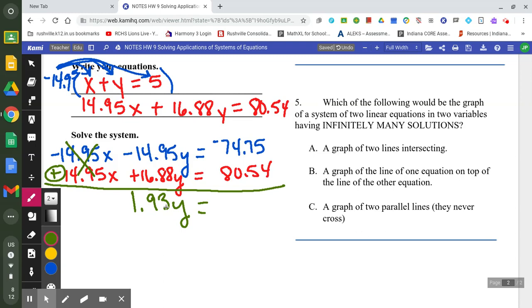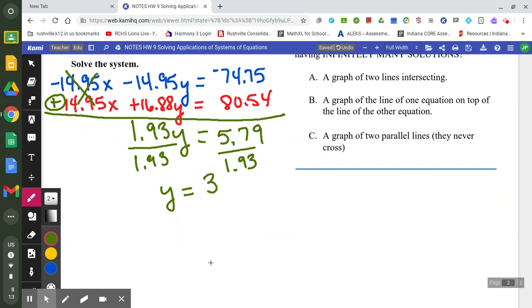Then the negative 74.75 plus $80.54 gives us $5.79. Divide each of those by $1.93. So $5.79 divided by $1.93 gives us 3.